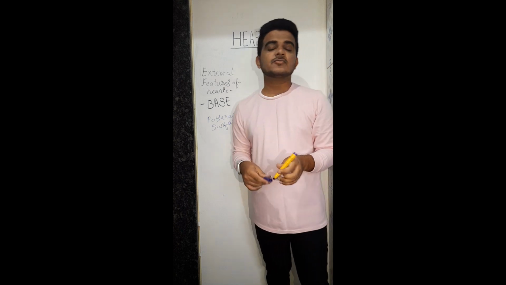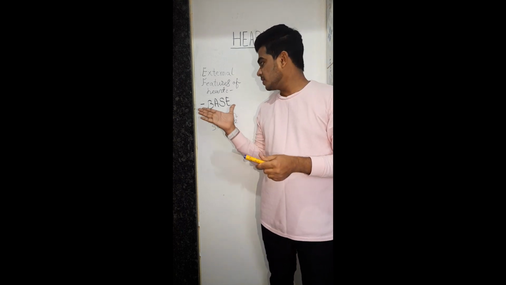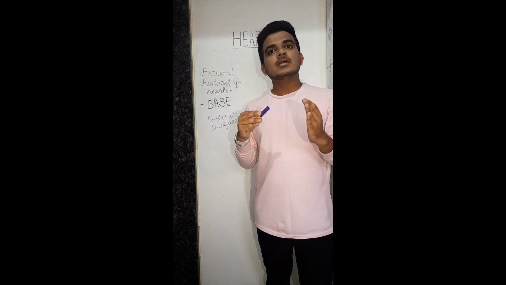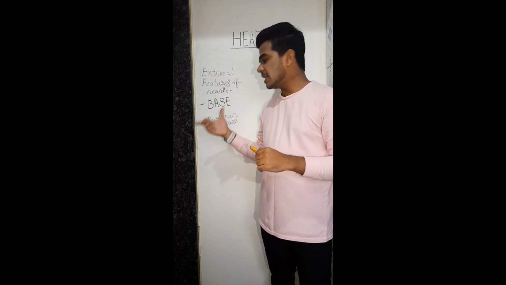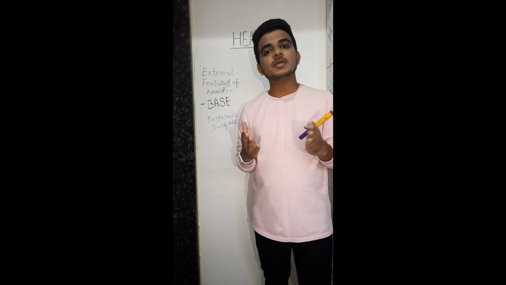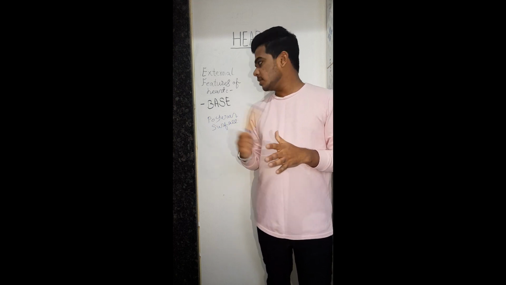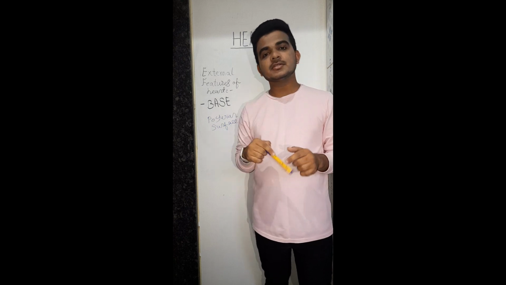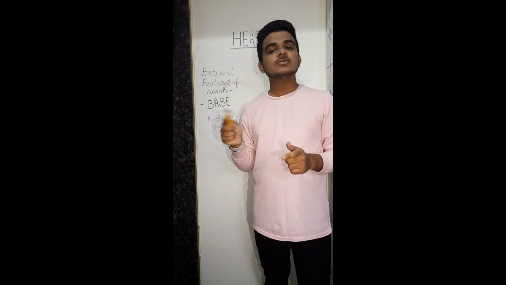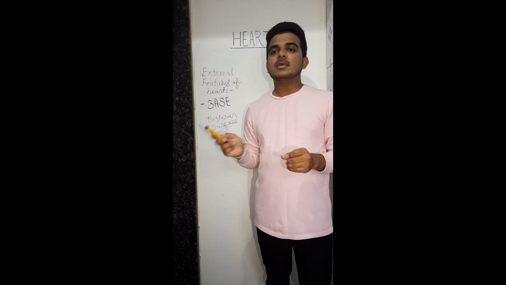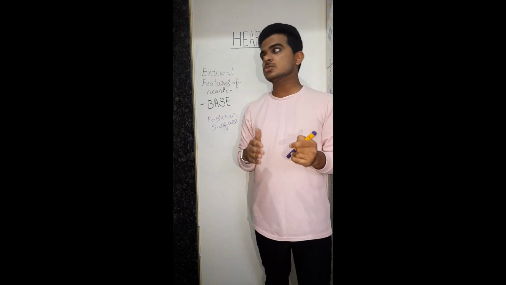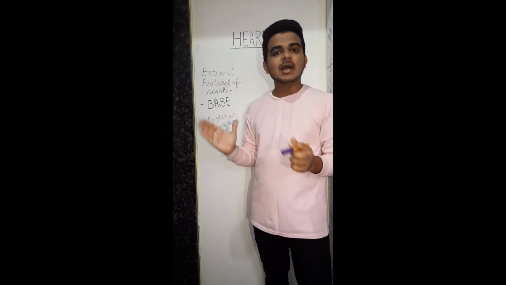In the posterior surface also, the maximum part of the base is formed by the left atrium. The left atrium mainly forms the base of the heart, and just a small part, you can say one third of the base, is formed by the right atrium, and two thirds of the base is formed by the left atrium, and four pulmonary veins are also part of the base of the heart.